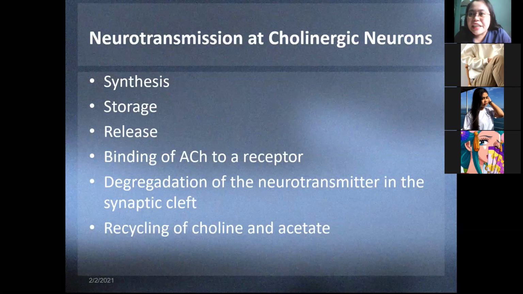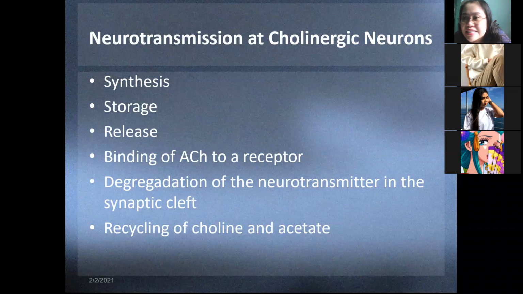Okay, kani class, you really have to listen because this is a bit complicated ha for some, kasi ang atong istoryahan ani is how do we make our own acetylcholine. So from the raw materials until the end product, we have to know the steps how our neurons make acetylcholine. So we will be talking about neurotransmission at cholinergic neurons.